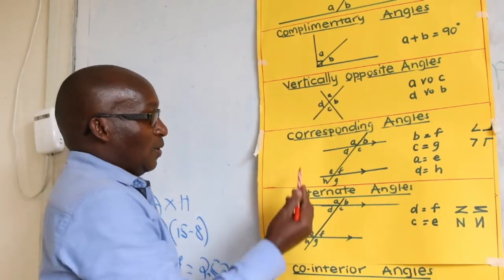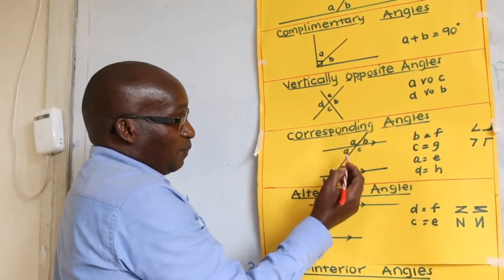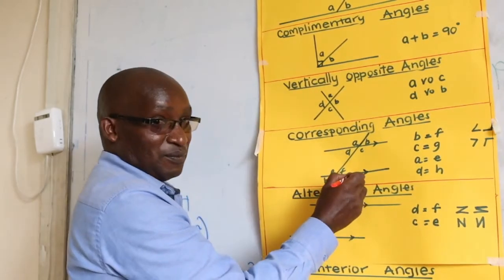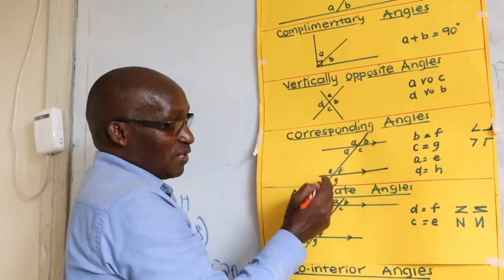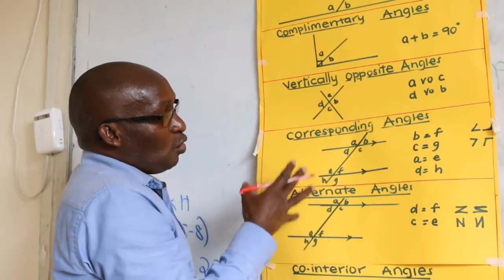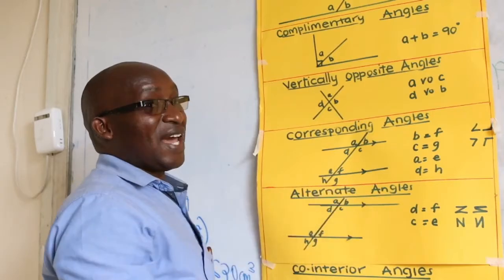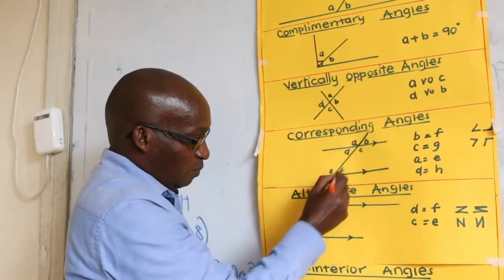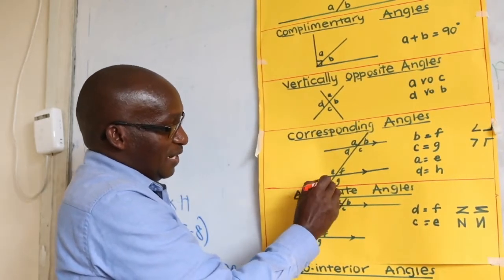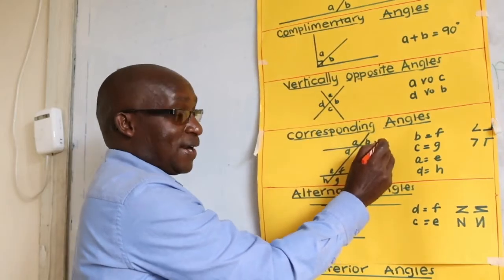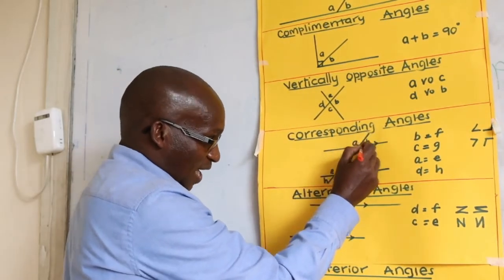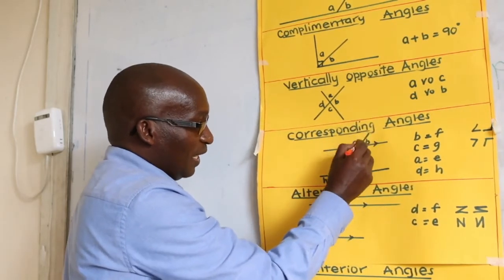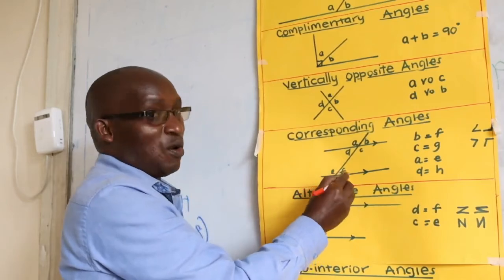So with corresponding angles, this angle here, which is angle B, is similar to angle F, because the two angles are made of two lines, and the two lines are similar because this line extends from this particular point to this particular point, and the two lines here are parallel, meaning this angle here is going to be referred to as a corresponding angle because it corresponds with angle F.